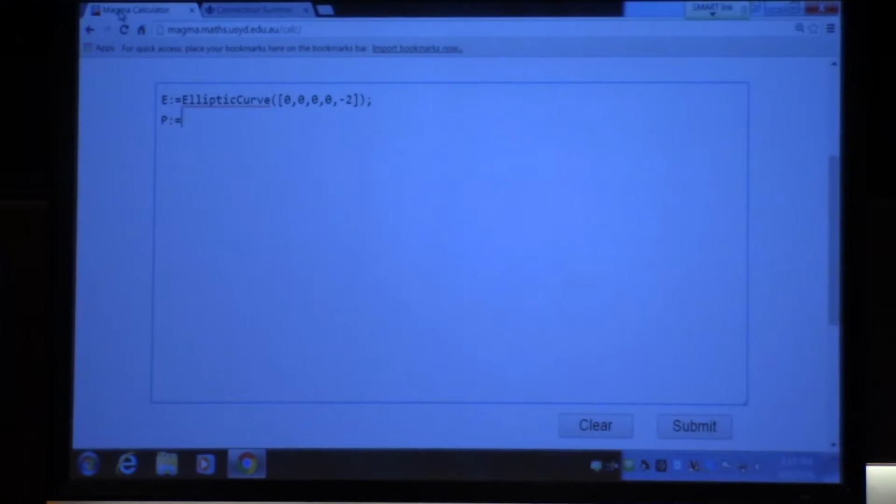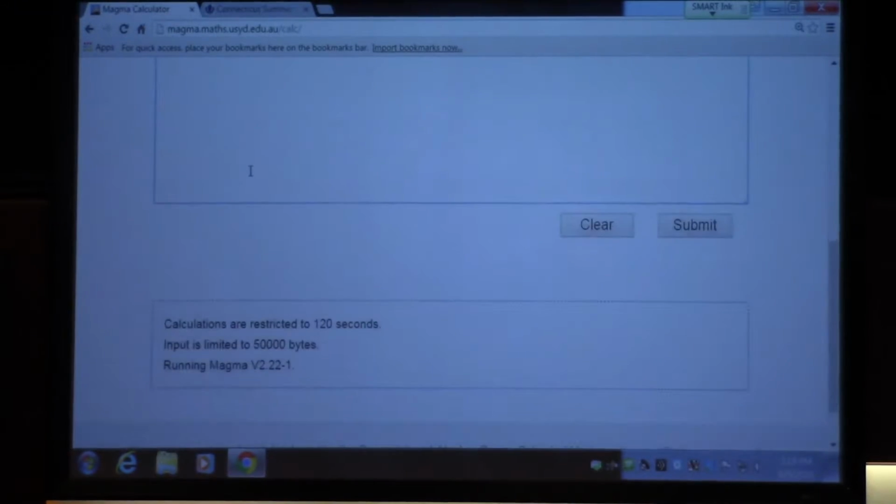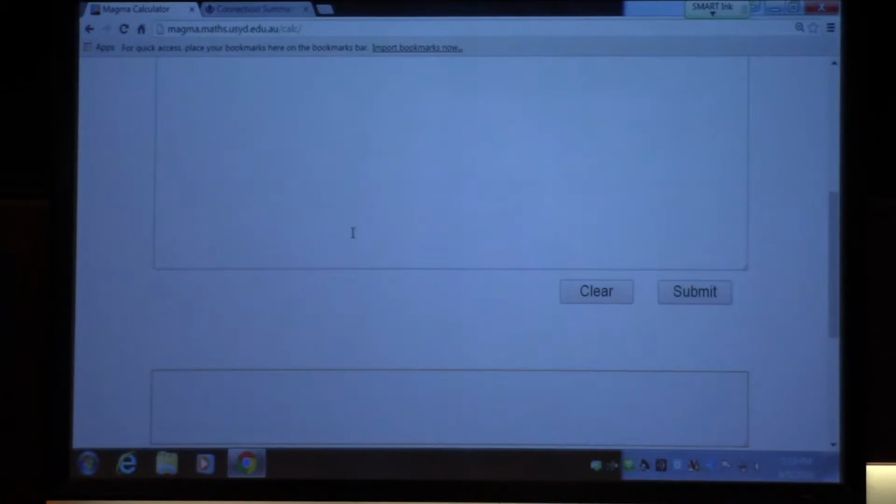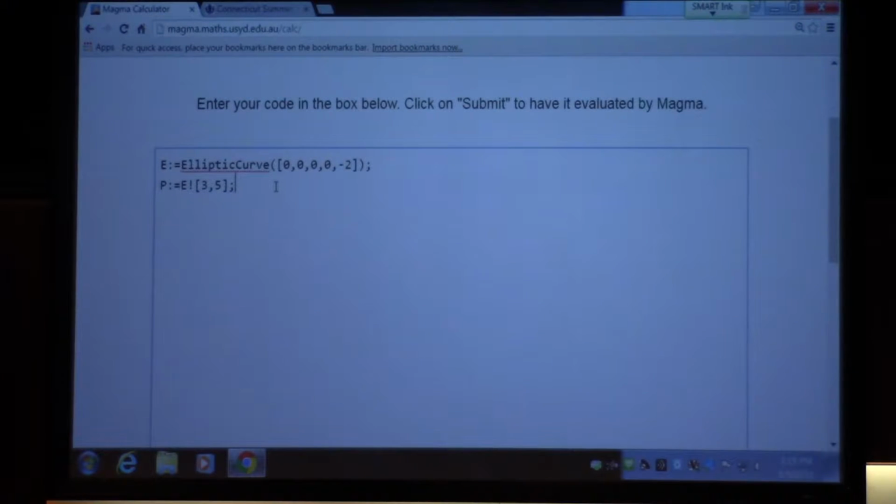So a cube minus 2 is a square, so the point 3, 5 should be there. So I say that like this: E has a point 3, 5. It's like if you're really excited that E has a 3, 5 as a point, and is it there? Yes. It doesn't complain that it's there.